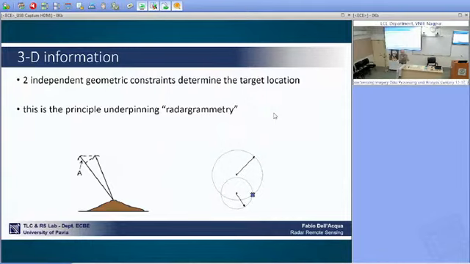So typically, two acquisitions on the same area are taken from slightly different viewpoints. If you can measure the distance of this object from the first location and from the second location, then you can triangulate. You can combine this distance with the location information, and determine the location of this point that caused the reflection.